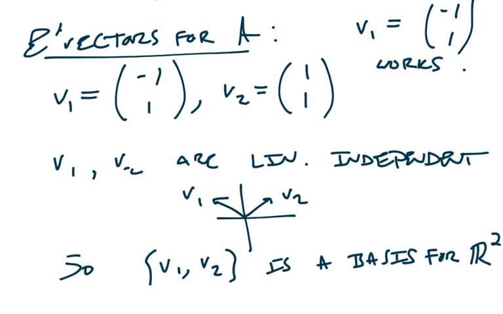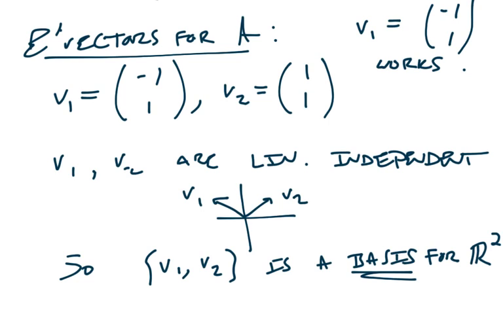Anytime you've got two linearly independent vectors in a two-dimensional vector space, and R2 is two-dimensional, we know that they have to form a basis. So, isn't that interesting? We've got a matrix, and this matrix has two eigenvectors, and they are linearly independent, and that means that they form a basis for R2.